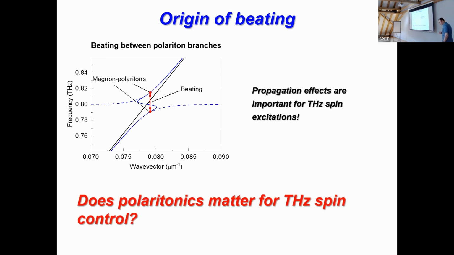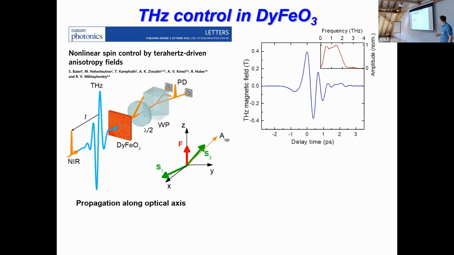So the second question I would like to discuss is whether it may also have any implications for terahertz-driven spin control. For example, we have done experiments where we use strong terahertz pulses to excite our samples.